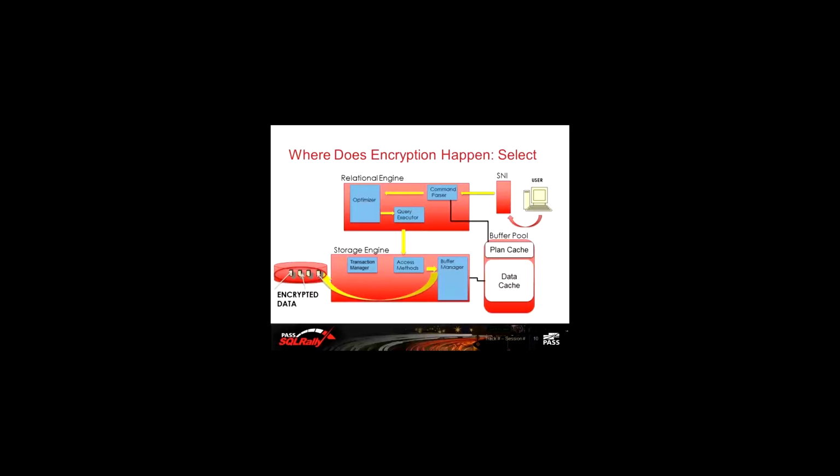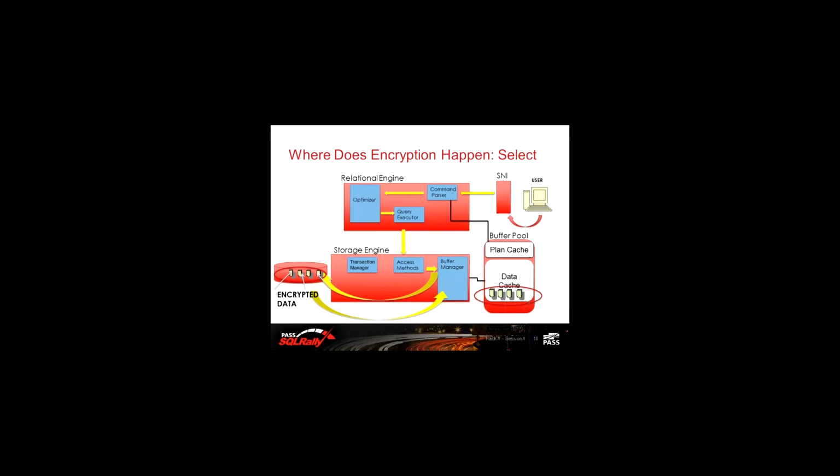So our buffer manager is going to go over to our encrypted data, and our encrypted data is sitting there on disk. It's going to read it back in to the buffer manager and pass it to the data cache. At that point in time, inside of the data cache, it is completely unencrypted. So that's where the transparent part comes in.